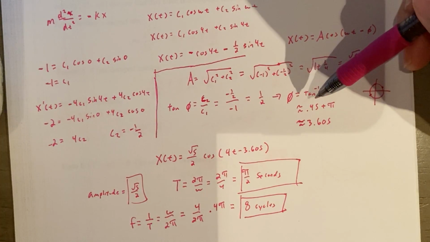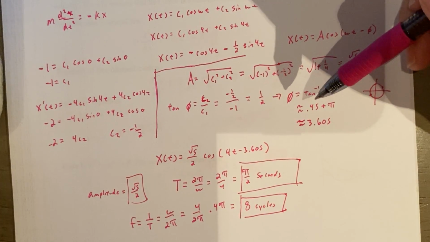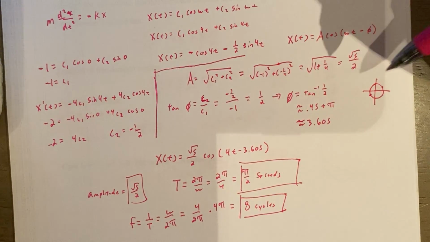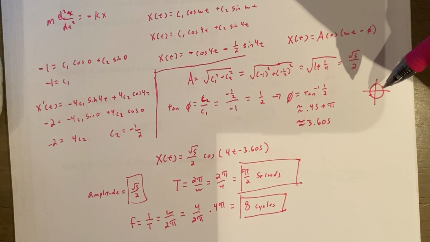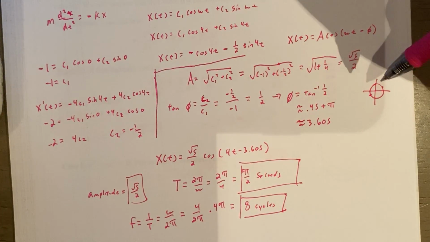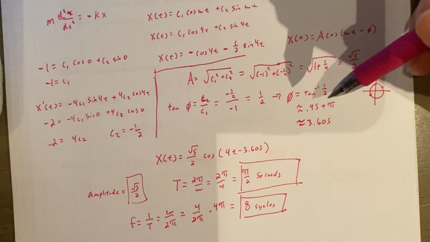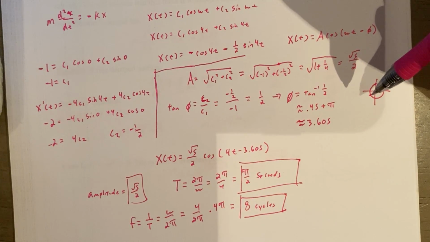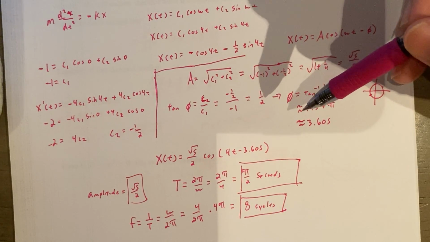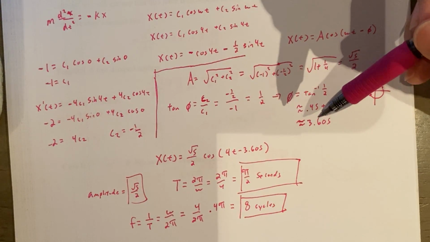Now, there's a problem with this, and that is both our c sub 2 and our c sub 1 were negative. So that tells us that we were not in the first quadrant. We were in the third quadrant, and we got a value in the first quadrant. So in order to find the value in the third quadrant, all we have to do is just add pi to our solution.